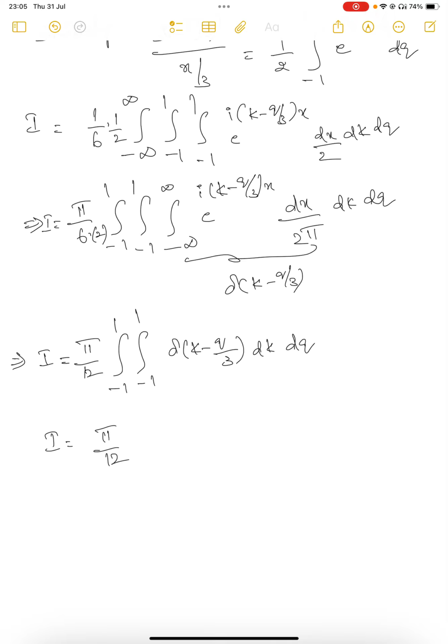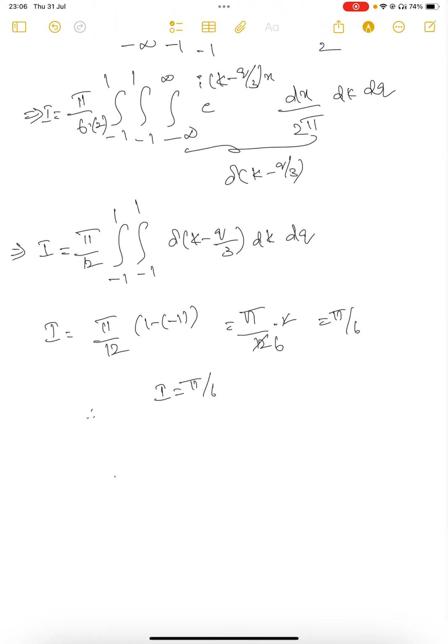And dq gives 1 minus of minus 1, which is 2. Pi by 12 into 2, which is pi by 6. That is, I is pi by 6. The final result is that integral 0 to infinity sine of 1 by x into sine of 1 by 3x dx is pi by 6.